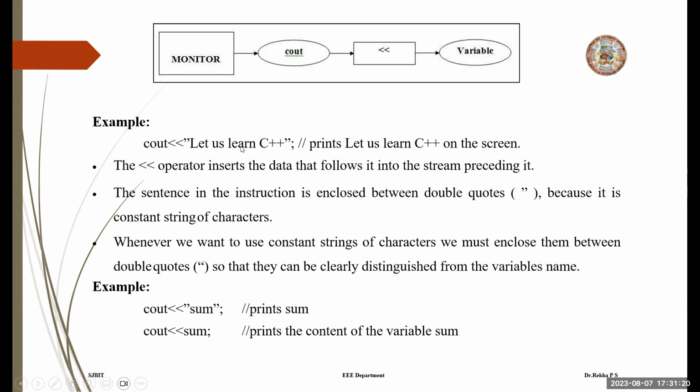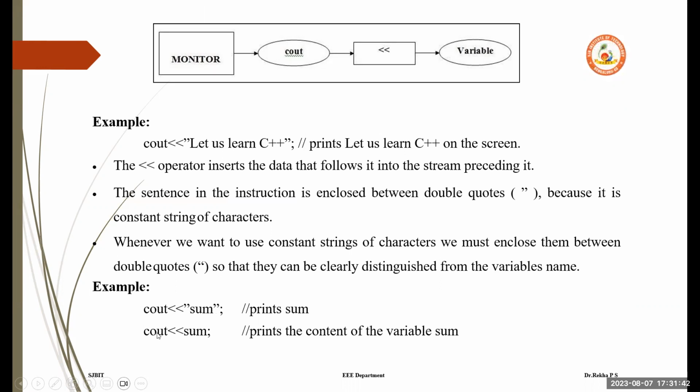Whenever we want to use constant strings of characters, we must enclose them between double quotes so that they can be clearly distinguished from the variable name. For example, if you say cout << "sum", it will print sum because it is enclosed within double quotes.